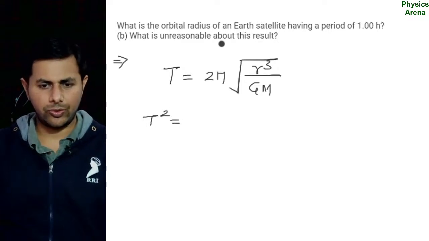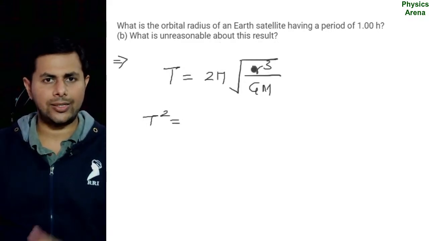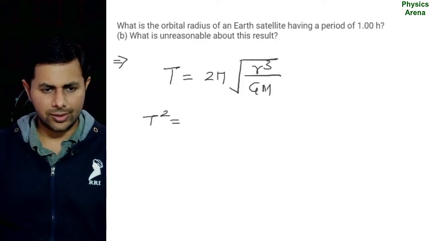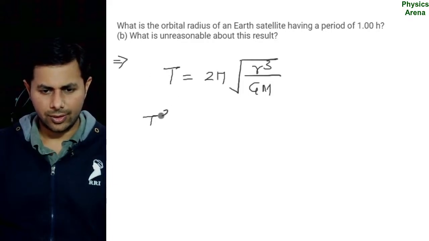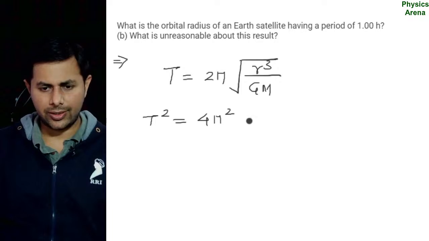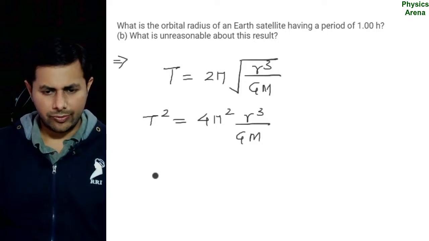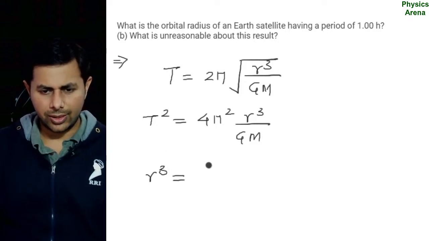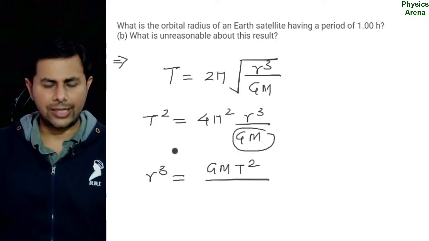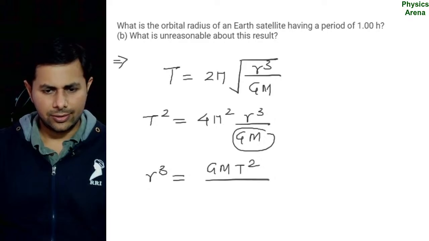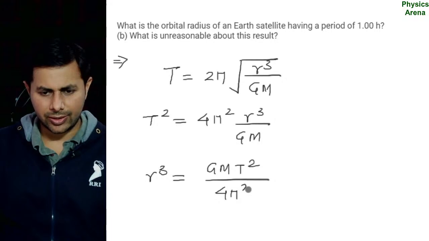equals, because we want to find the orbital radius, we want to find r. Okay, so T squared equals 4 pi squared r cube over GM, and then this is just a plug and play problem. So we get r cube equals GM into T squared divided by 4 pi squared, I'm just moving the GM and 4 pi squared to the other side.